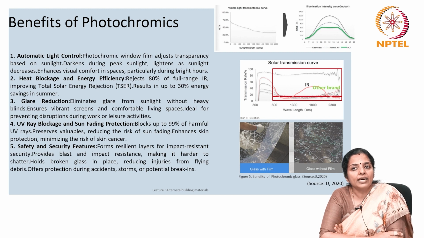By blocking 80% of infrared radiation, the film contributes to energy efficiency, resulting in substantial summer energy savings. Glare reduction creates comfortable living spaces with vibrant screens, removing the necessity for heavy blinds.